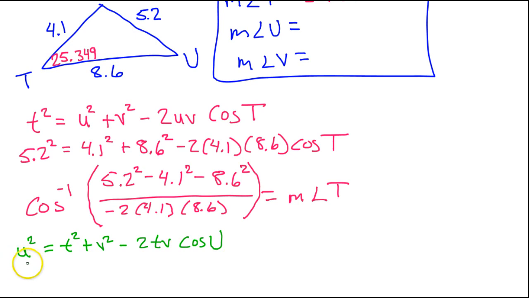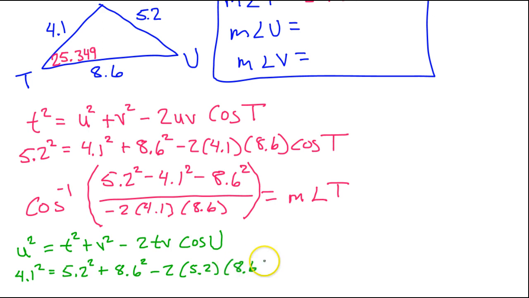So U squared, that's 4.1 squared, is equal to 5.2 squared plus 8.6 squared minus 2 times 5.2 times 8.6 cosine of angle U.